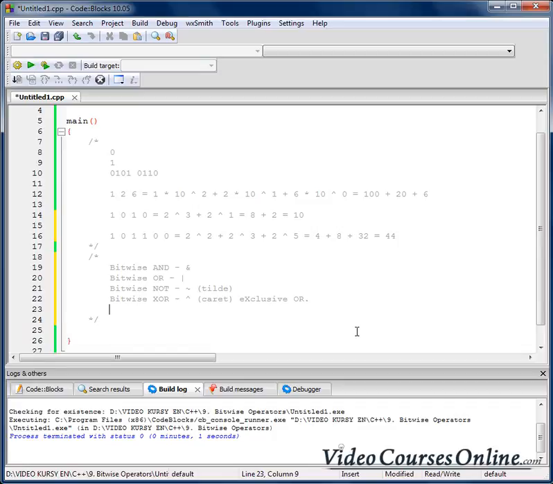So table for XOR is 0, 0, which gives us 0 because we don't have any right alternative to choose, right?